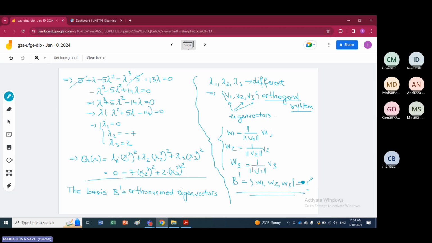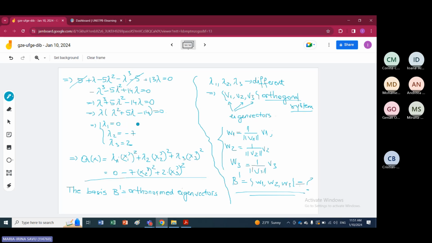Yes, but they will be orthogonal vectors. I mean that they will be perpendicular because lambda 1, lambda 2, and lambda 3 are different, and all you have to do is to divide each vector by its norm to get a vector of norm 1. For example, if you had lambda 1 equals 0, lambda 2 equals 0 again, and lambda 3 equals 2, then for 0, you would have V1 and V2.